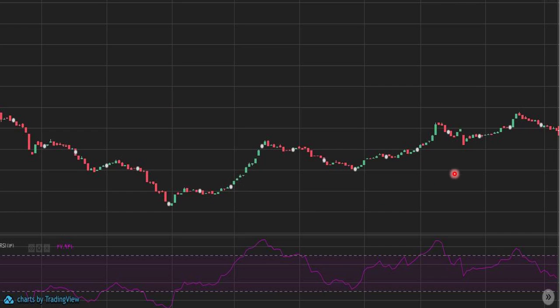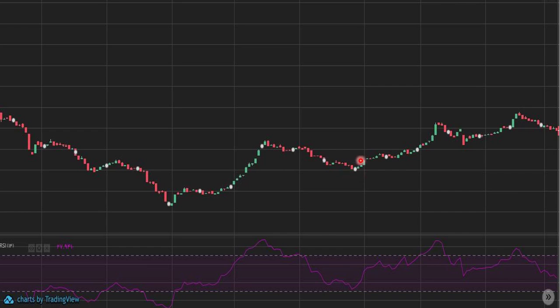At this part of the movement, the price has a slightly upward trend, and it's better for us to only get buy positions. At this point, you had better not get a sell position.